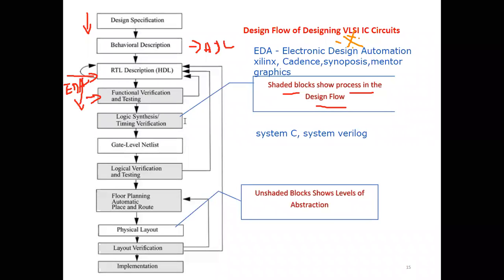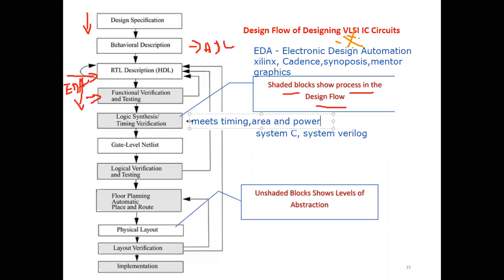See here which one? The logic synthesis here. This will ensure the gate netlist meets timing, area and power, because once you are going to design any circuit in VLSI, three parameters are very important.